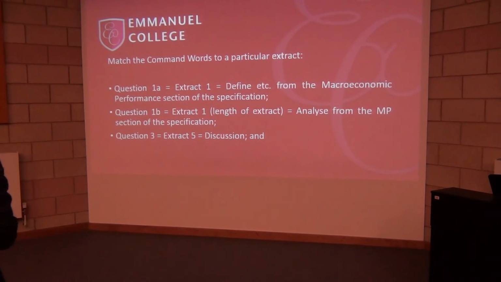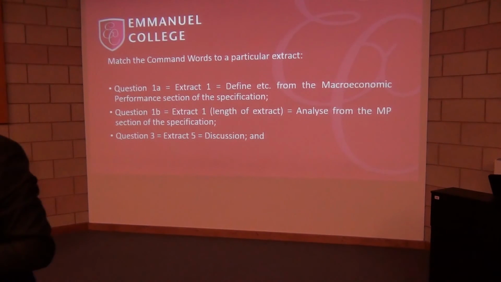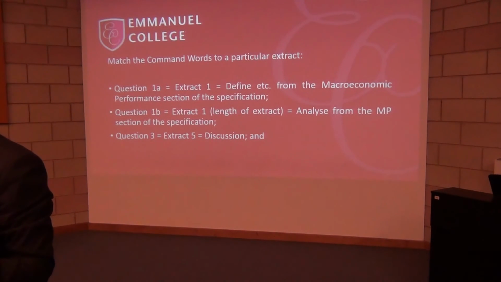Aaron? 2 what? And what's the command word going to be in that one? It's going to be a comment question. What extract's it going to come from, Aaron, if the essay is in extract 5? Exactly. So your 2C is going to come from extract 4.